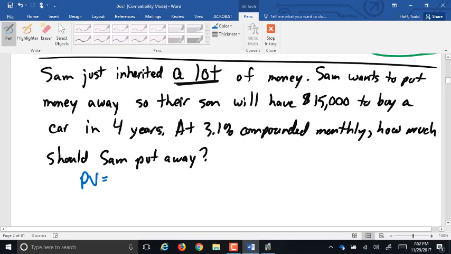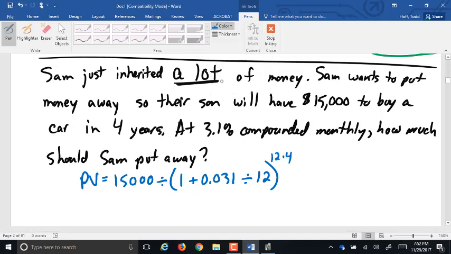So that present value is going to equal the future value of 15,000. Here's the big thing to remember: divided by parentheses 1 plus 0.031 divided by 12 because it's monthly, to the power of 12 times 4, which is 48.